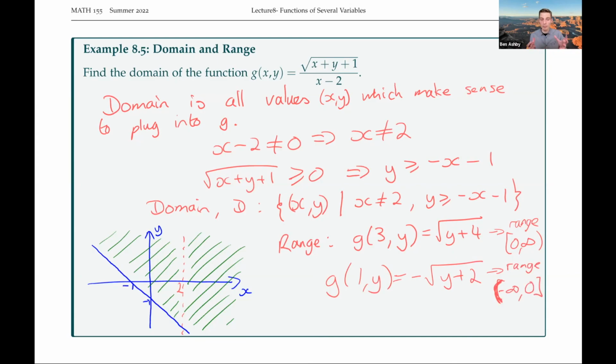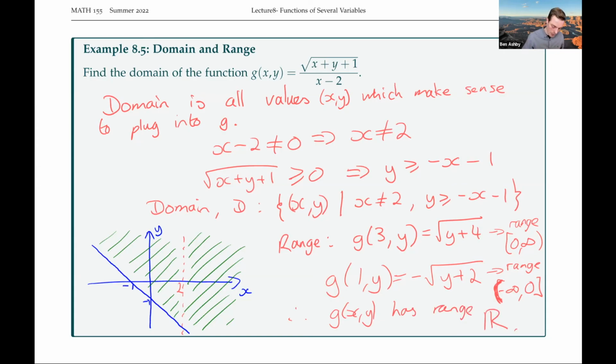So therefore this tells us that by varying our values of x and y we can make any value between minus infinity and positive infinity. So we can put these two things together: g of x, y has range the real numbers R.